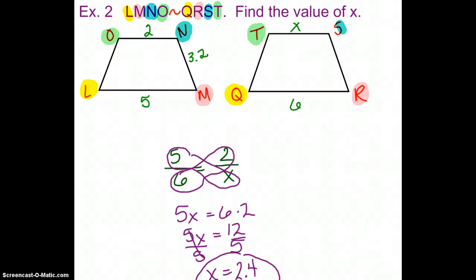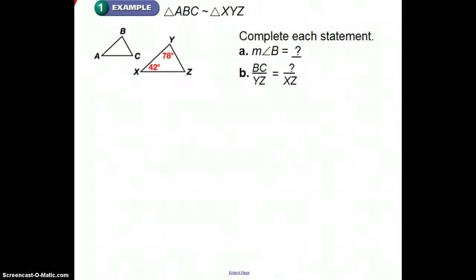Okay, let's take a look at another one here. In this one, they give us some measurements. First of all, by looking at this shape, they're already telling me that these are similar. So that means A and X are going to have to be the same.